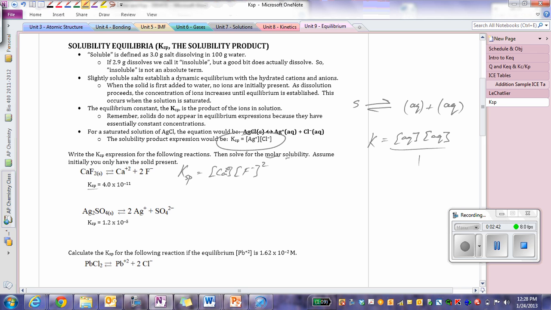for each ion. KSP is going to be equal to X times (2X) squared.